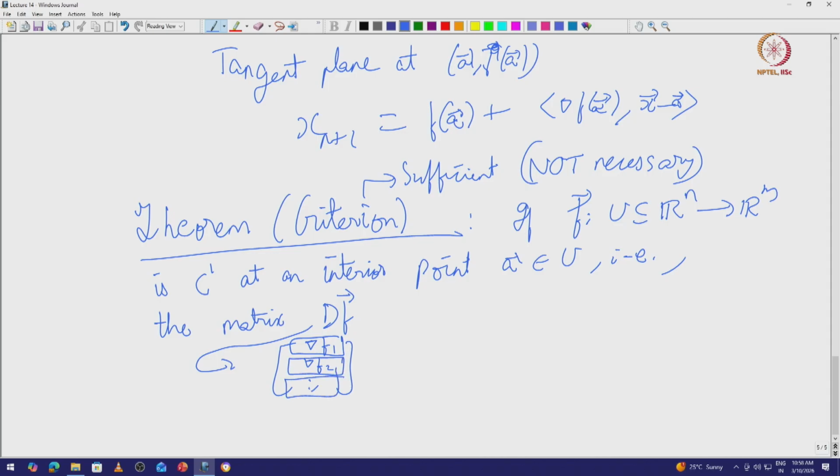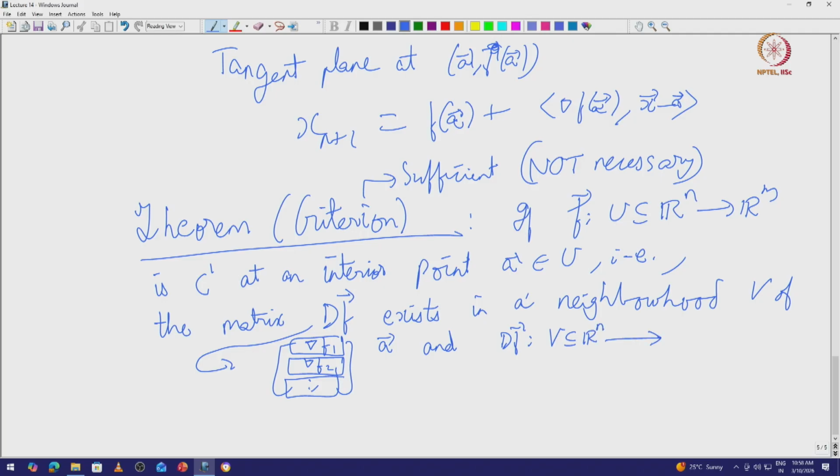So in other words, the partial derivatives of all the components exist in a neighborhood V of a, and df, when treated as a function from V in R^n to... how many components are there of this matrix? When you think of a matrix, it's simply a collection of numbers.